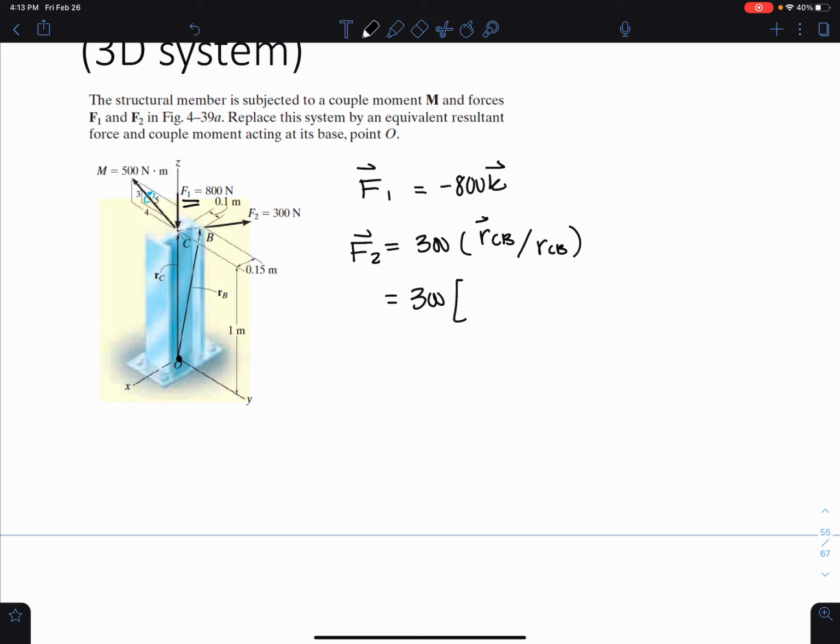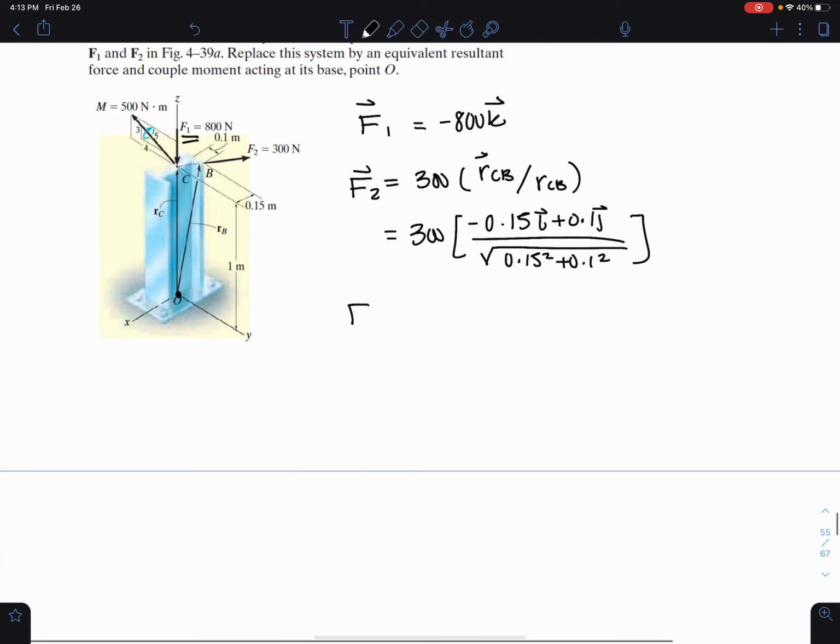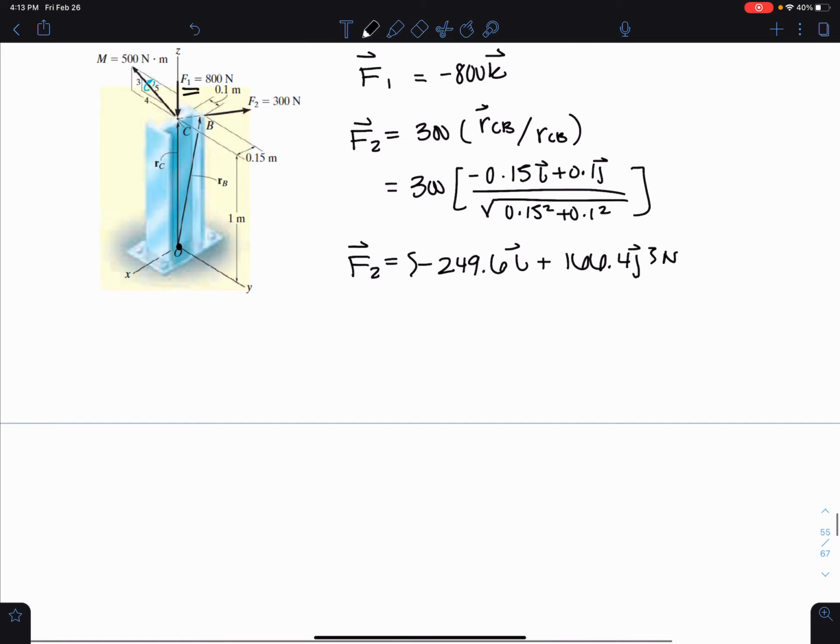So to get from C to B, I need to go 0.15 in the i plus 0.1 in the j divided by the square root of 0.15 squared plus 0.1 squared. And I end up getting F2 is equal to negative 249.6 in the i plus 166.4 in the j. And that's in newtons.